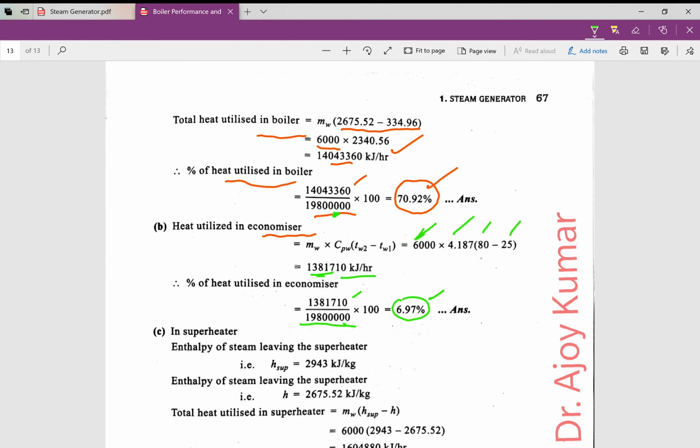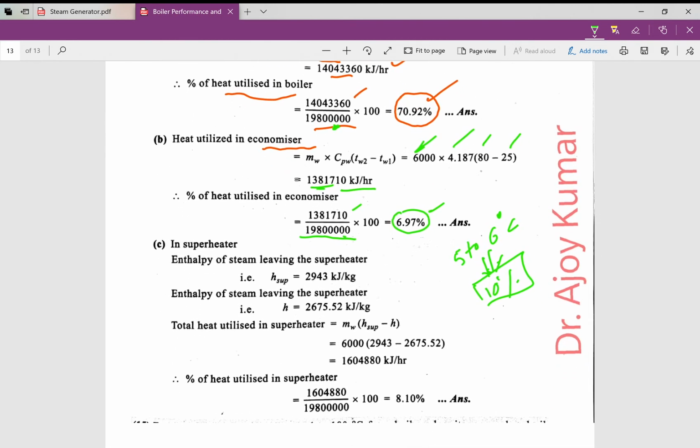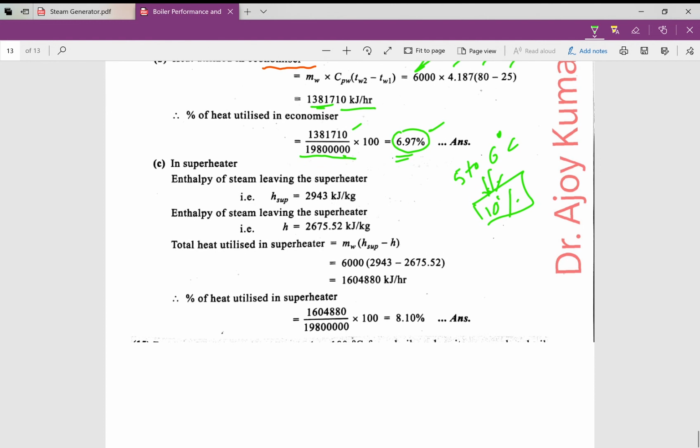We know already that for a 5 to 6 degree temperature rise, there could be a fuel saving of about 10% in the boiler by providing an economizer. So percentage of heat utilized in the economizer is 6.97%.